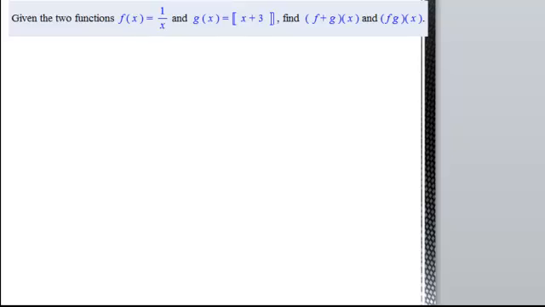Given the two functions, f of x equals 1 divided by x, and g of x equals the greatest integer function x plus 3, find f plus g of x and f times g of x. So in that first one, we want to find f plus g of x.